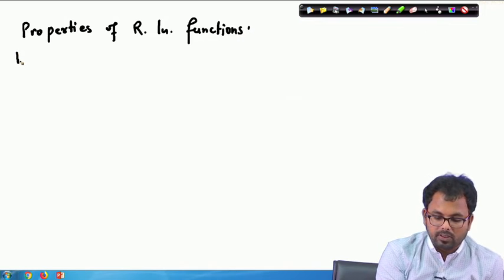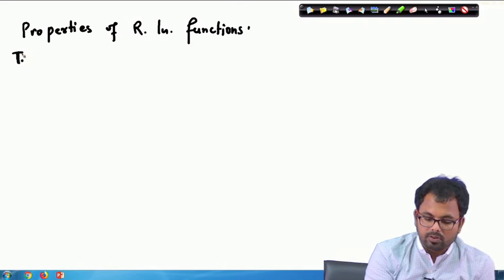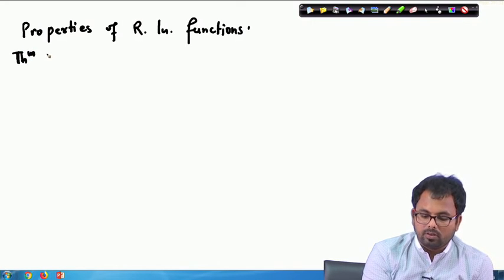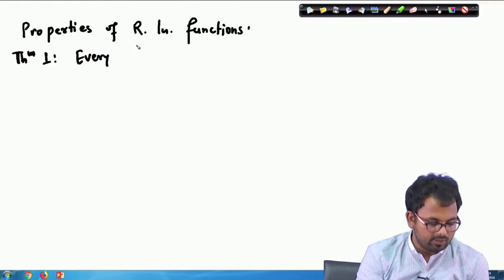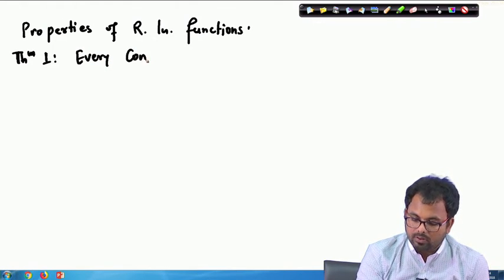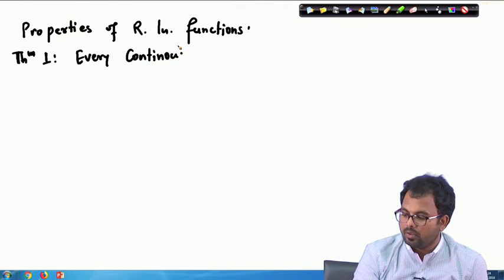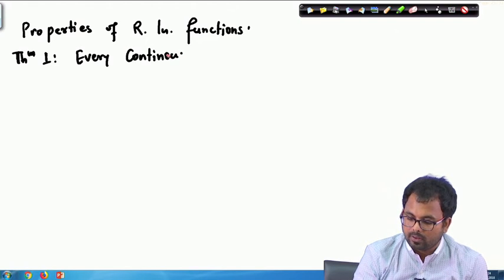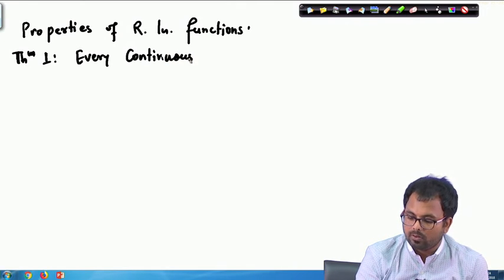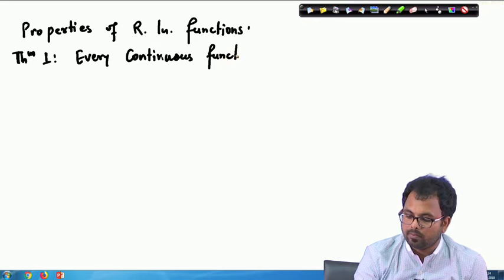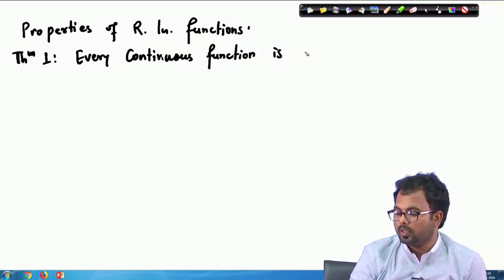The first property, or you can write it as a theorem, the first theorem in this regard is: every continuous function is Riemann integrable.